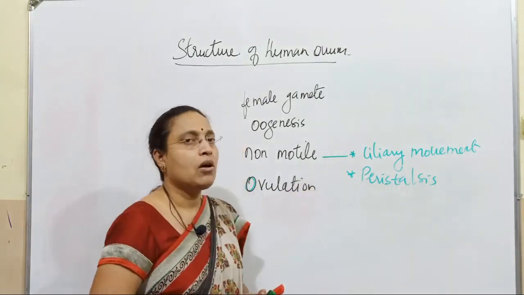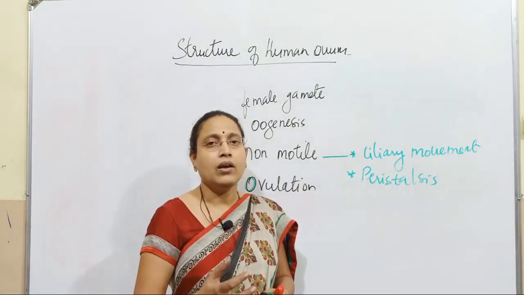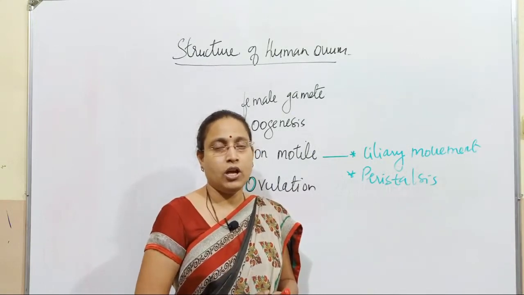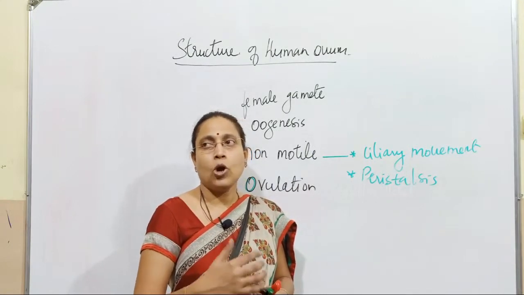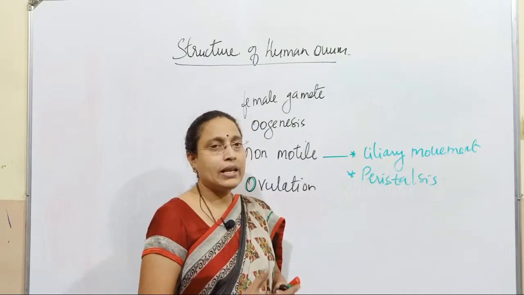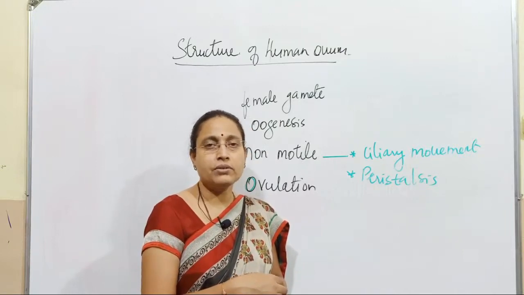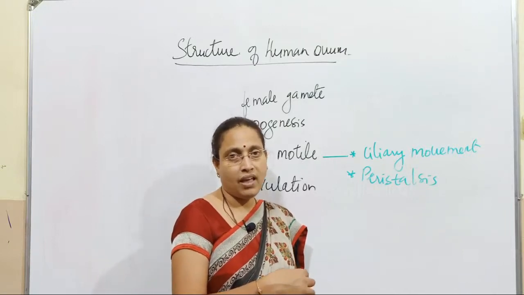Ovulation occurs once in a month in one ovary, or it keeps alternating every month. In case of ovariectomy, the same ovary continues to produce the ovum every month.